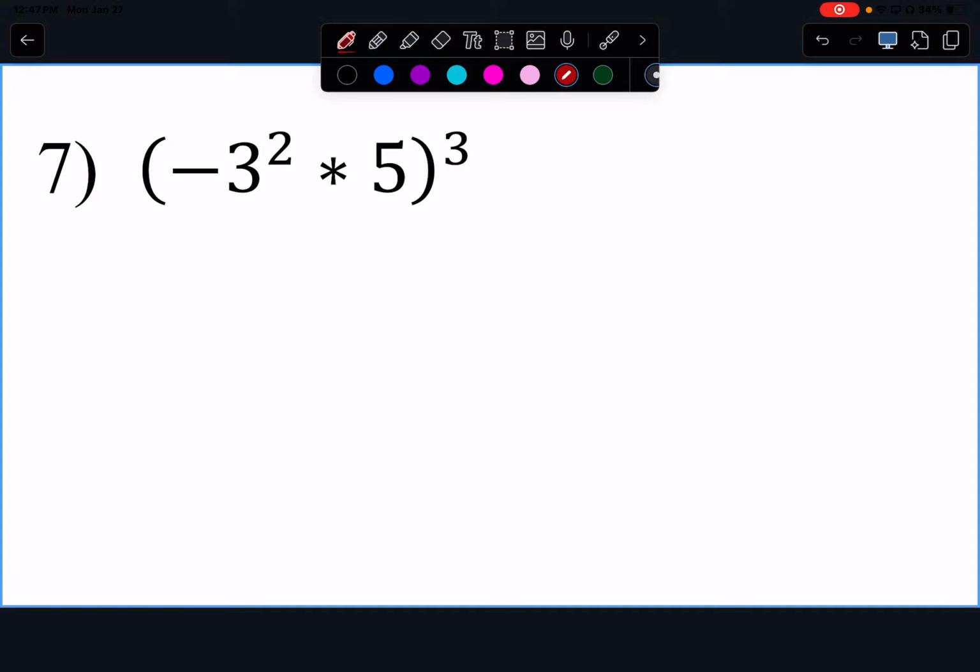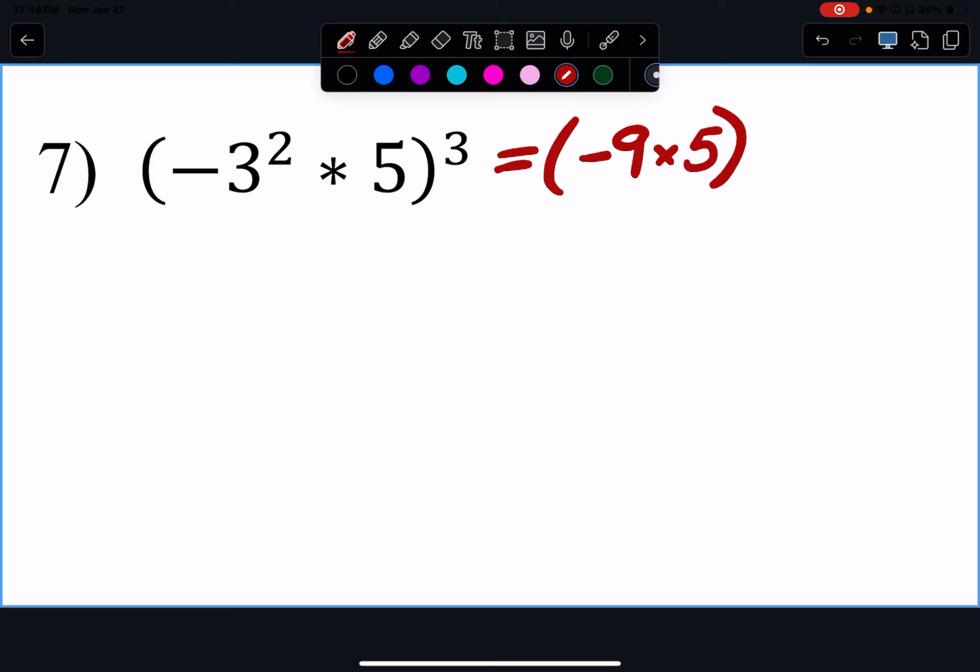Because there's no parentheses around the number and the 2. So what is negative 3 squared in our calculators without any parentheses? It's negative 9. That negative doesn't get included, so we just bring it over, and then 3 times 3 is 9. Then we still have times 5.